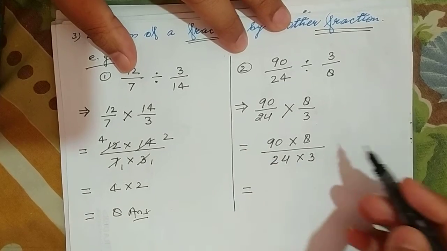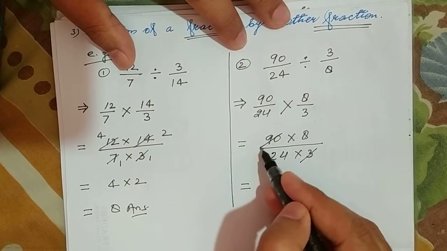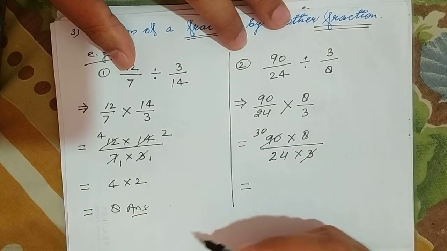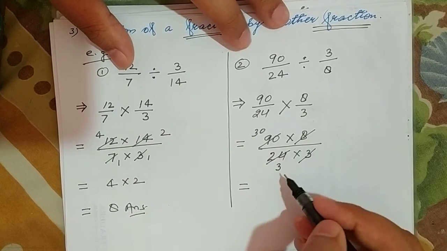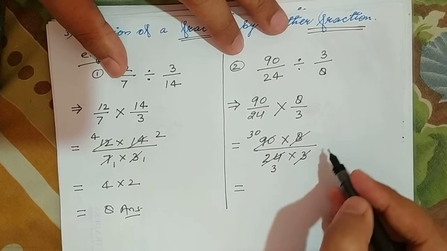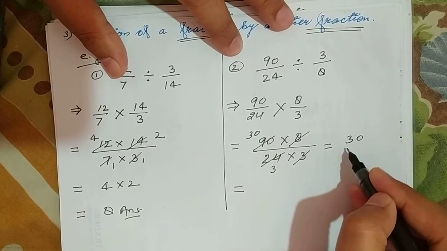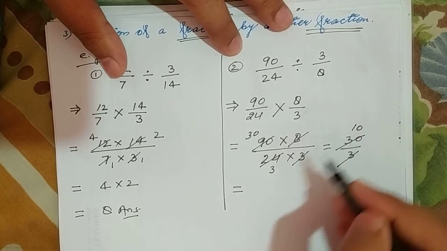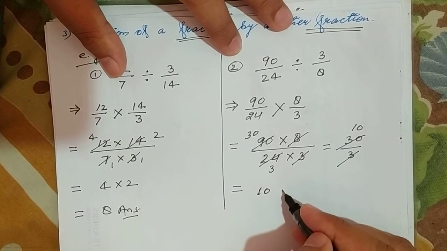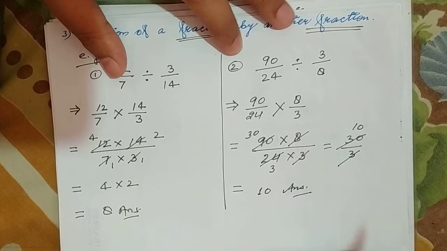Find the common factor. 3 threes are 9, 0, and 8 threes are 24. Again 30 and 3 is there, 30 by 3. So 3 ones are 3, 3 tens are 30. This 10 is the answer.